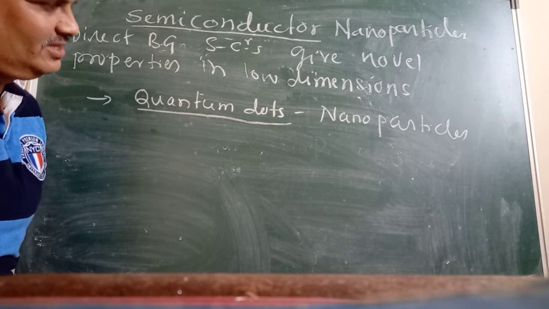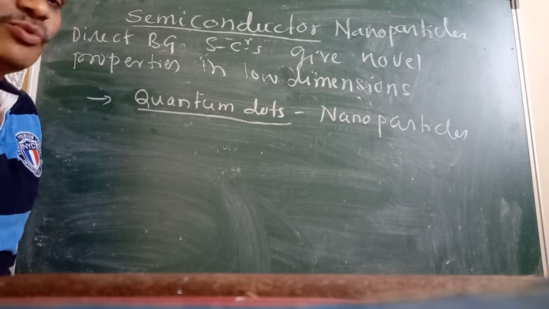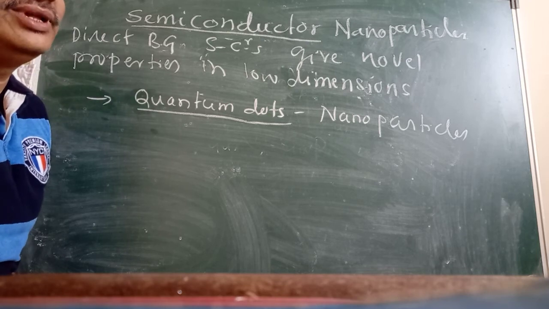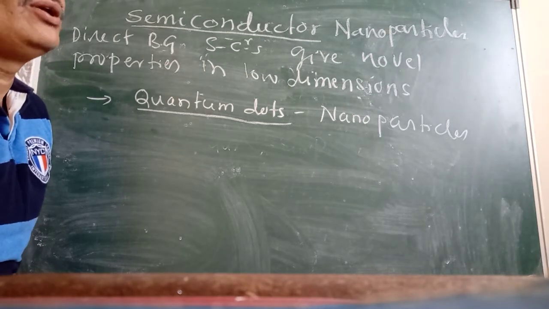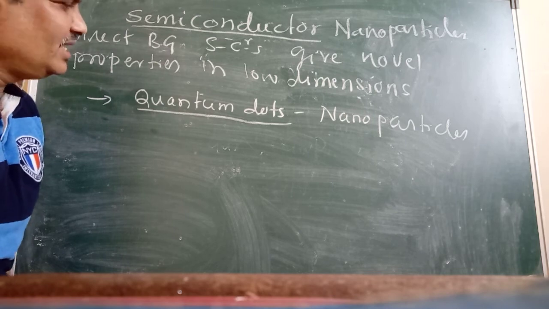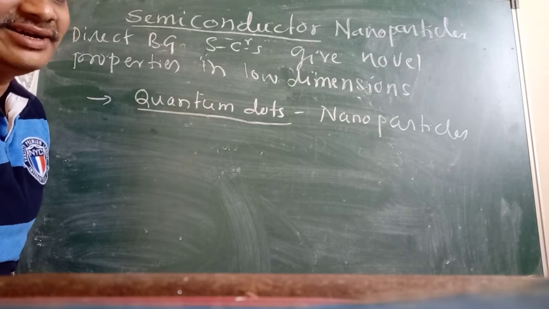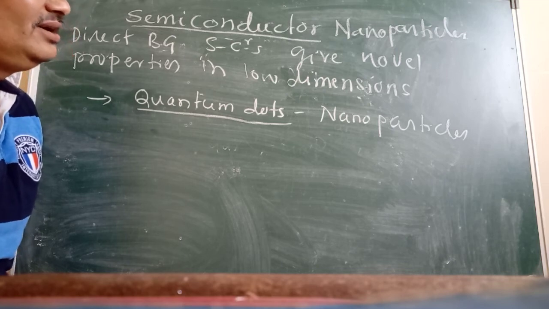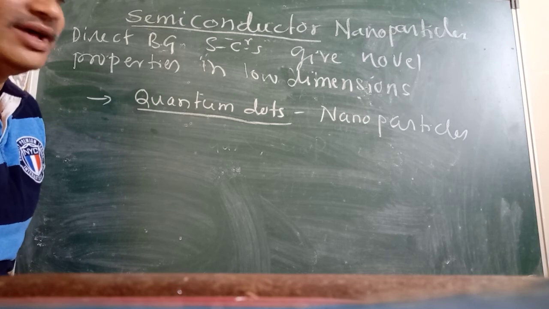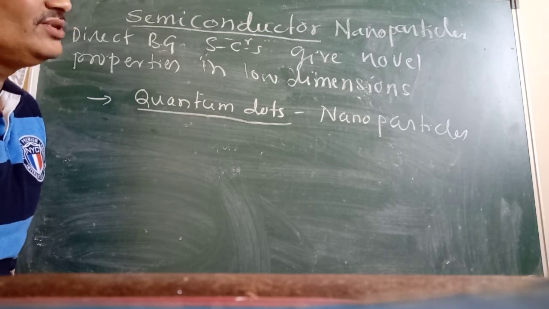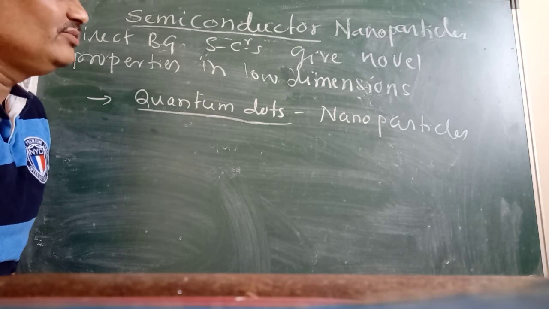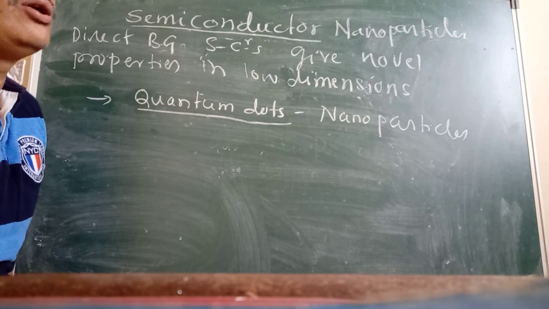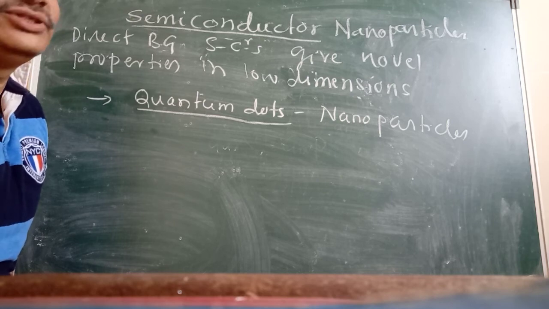When they are doped in polymers, they give novel properties to the polymer. In conducting polymers we use such metal or semiconductor nanoparticles. In ceramics also we use this doping of nanoparticles, and in fluorescent materials we use quantum dots.